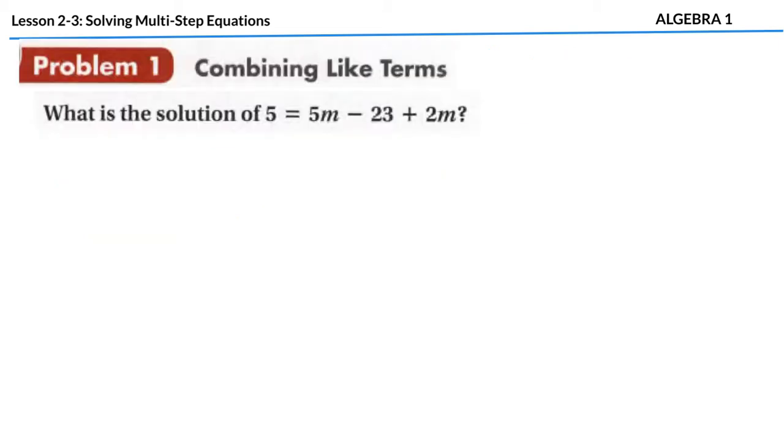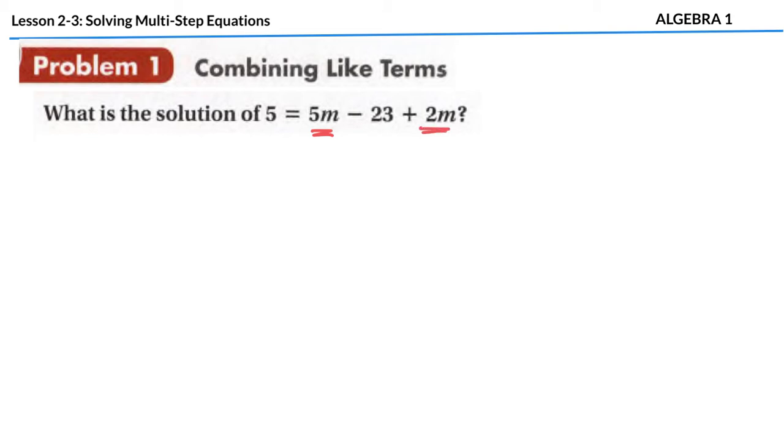Let's try this. Combining like terms. What is the solution of 5 is equal to 5m minus 23 plus 2m? First step, look at the like terms. Are there any like terms over here? We have 5m and plus 2m. Are they like terms?